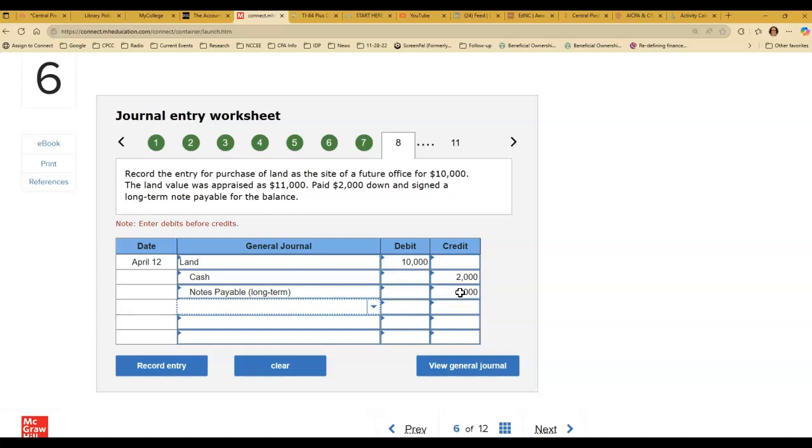The historical cost concept. That was all the way back in Chapter 1. There was a whole area, and I promise you, it's a few pages, where it's giving you the background and theory about how accounting works, and historical cost concept was one of those items. All that means is that whatever we pay for it, that's what we're going to record it for.